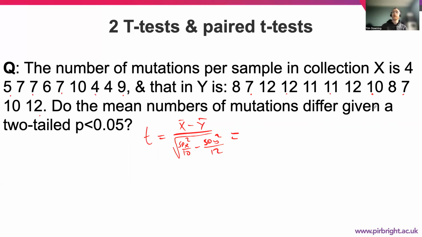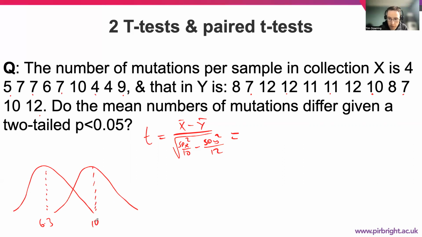So you can see there X is a bit less than Y. So if we plot the distributions, with my bad drawing, the mean of X is about 6.3, and the mean of Y here is about 10. And then the variance of X is 4.5.